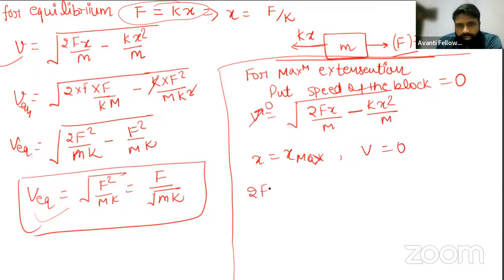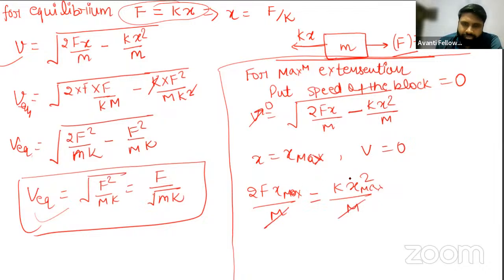This becomes 2F x max divided by m, minus, or you can take it on the right side, k x max square divided by m. m and m will cancel out, and x will cancel out one power.